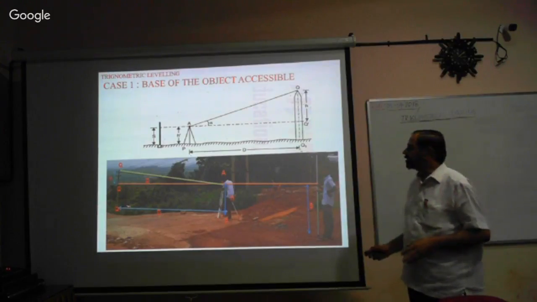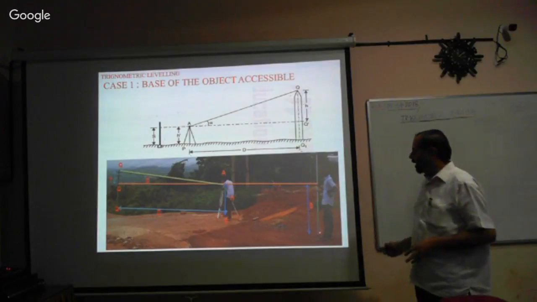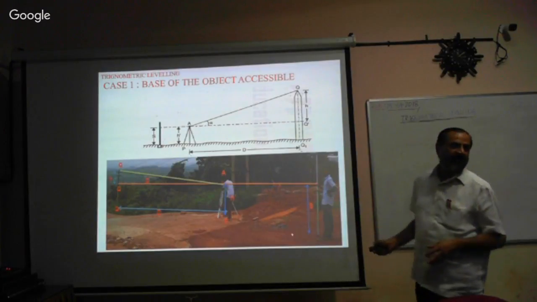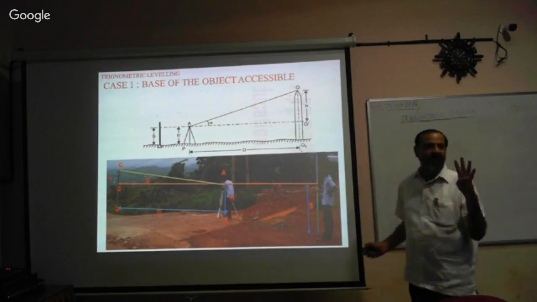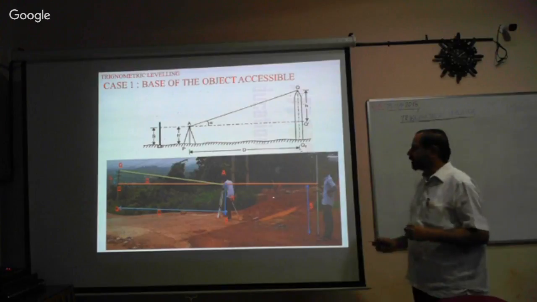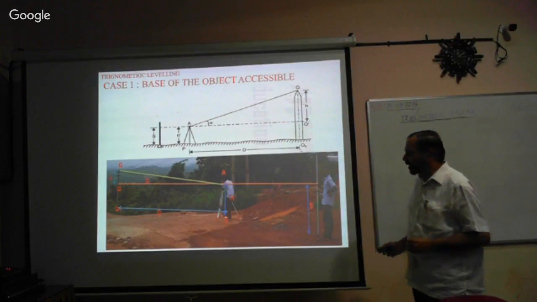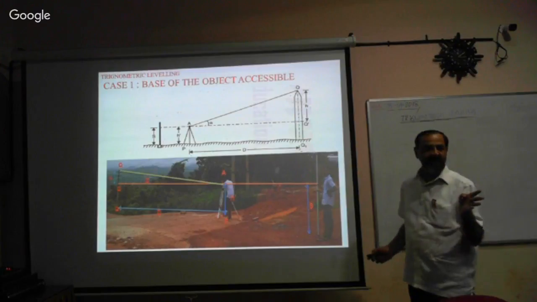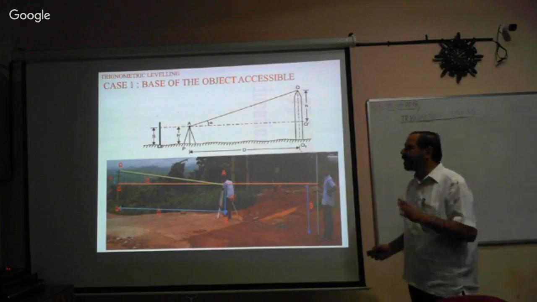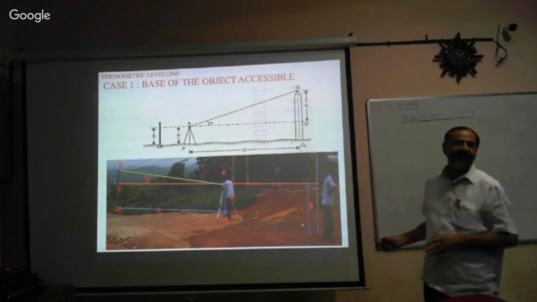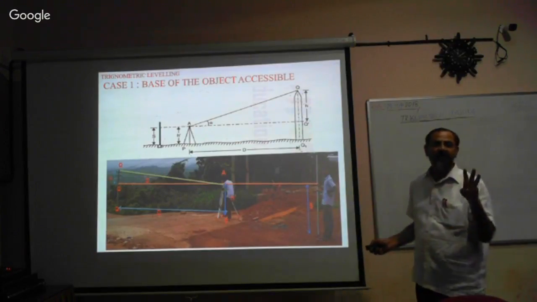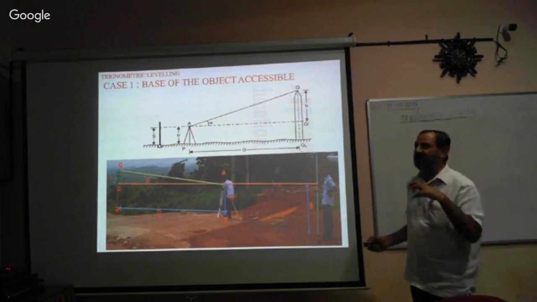When the line of sight is horizontal, you must read the leveling staff. So there are 3 things we note down: the first is the vertical angle, the second is the horizontal distance between the instrument station and the object, and the third is the staff reading. Only 3 data we are collecting.